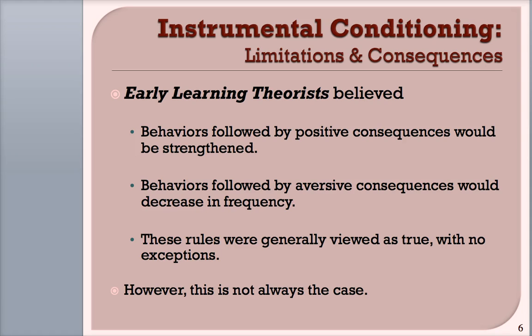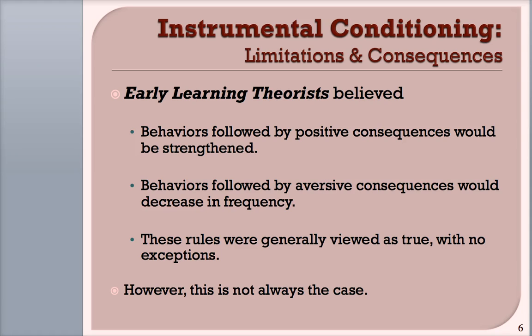They also believed that any behavior that was followed by aversive consequences would decrease in frequency. And basically these rules were viewed as true, and that there was something called the equipotentiality hypothesis, that any reinforcer could strengthen any behavior and any punisher could decrease any behavior.